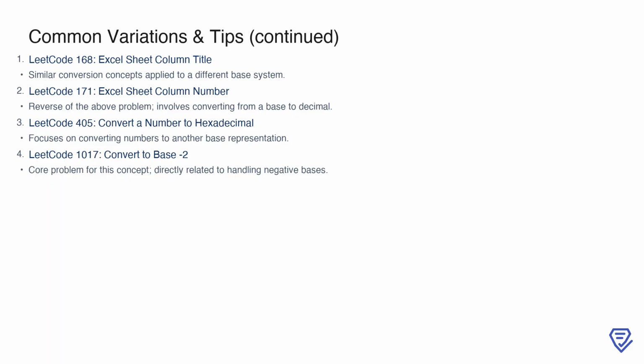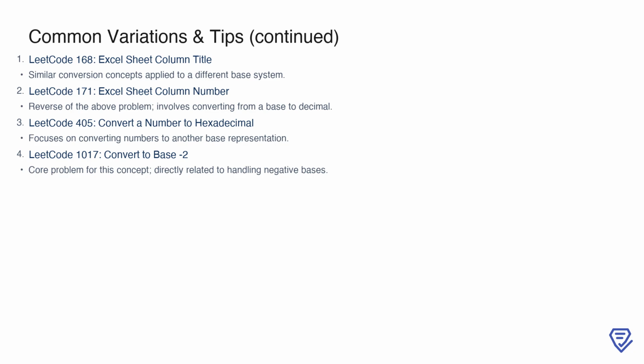Understanding related problems can deepen your grasp of the concepts behind base conversions. For example, LeetCode 168, Excel sheet column title, involves converting numbers into a different base system, which is conceptually similar to base -2 conversion. LeetCode 171, Excel sheet column number, reverses this process by converting from a base representation back to decimal.